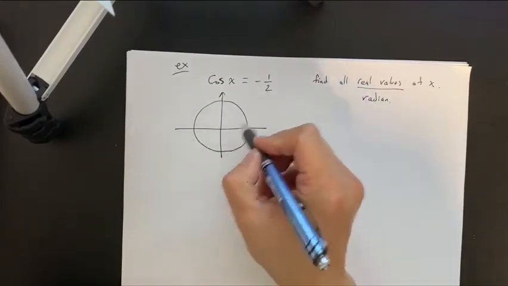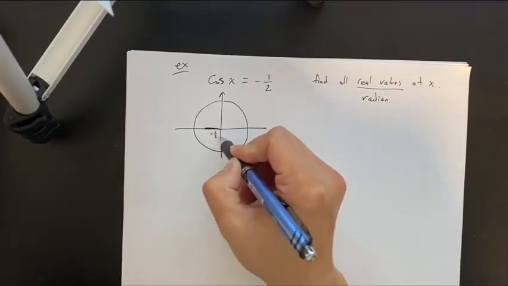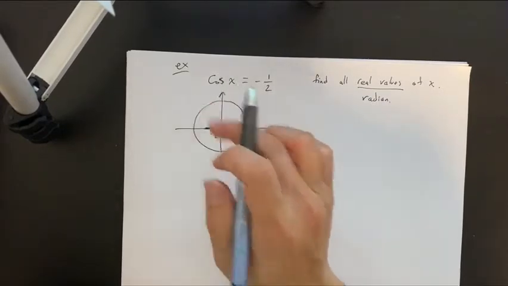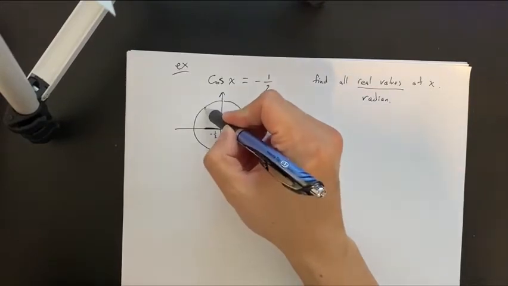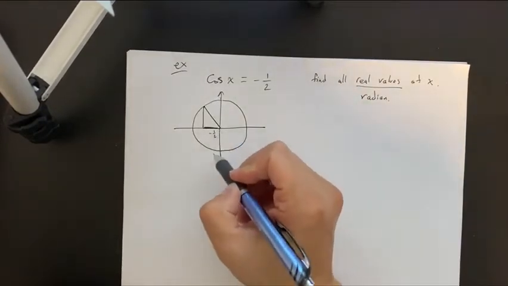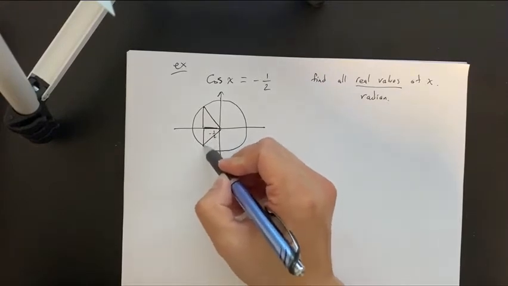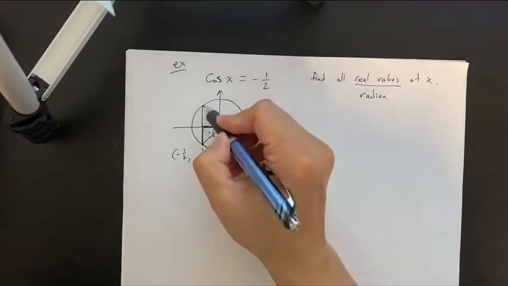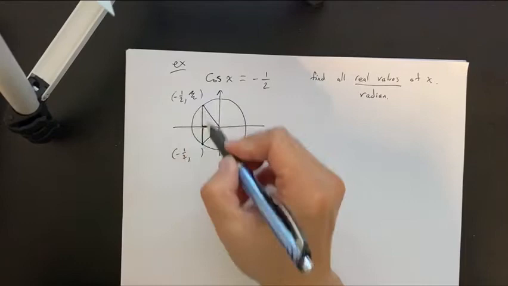So negative 1/2, if my x value is negative 1/2, I am going to be either in the second quadrant or the third quadrant, and there is a position in this second quadrant that will give me a negative 1/2, but there is another position in this third quadrant that would also give me a negative 1/2 for my x. And I don't really care about the y, right?